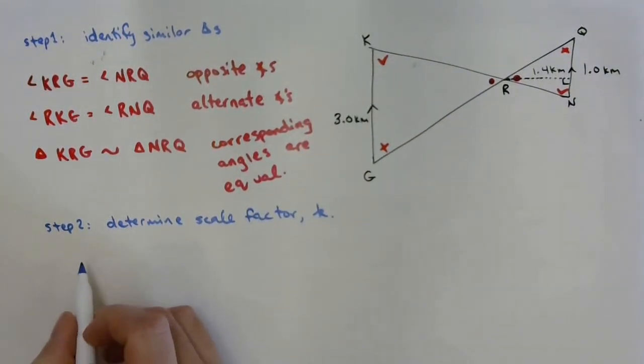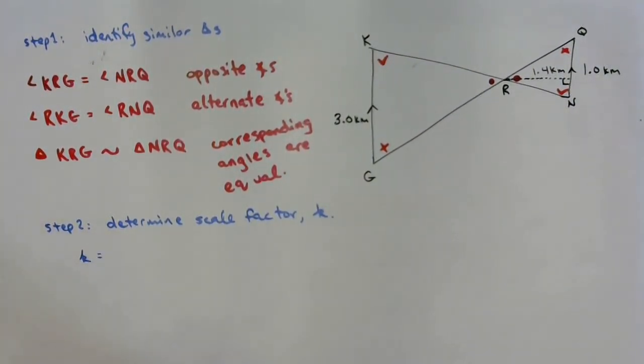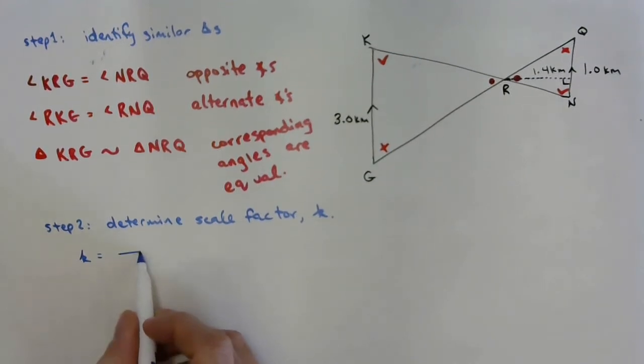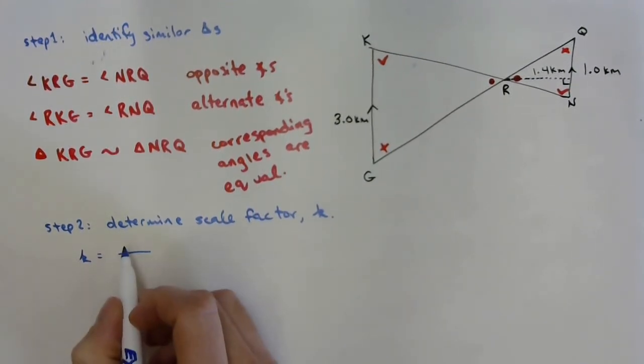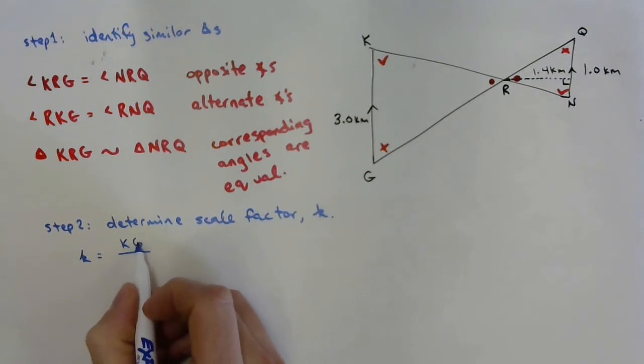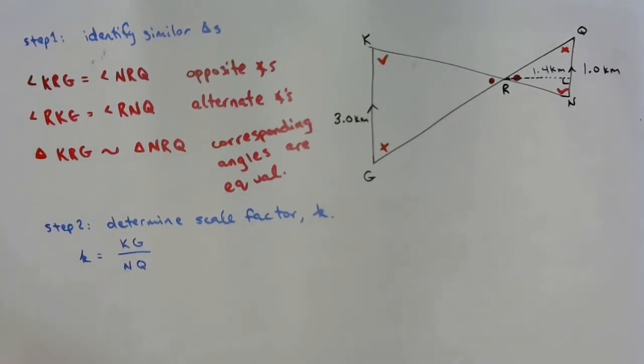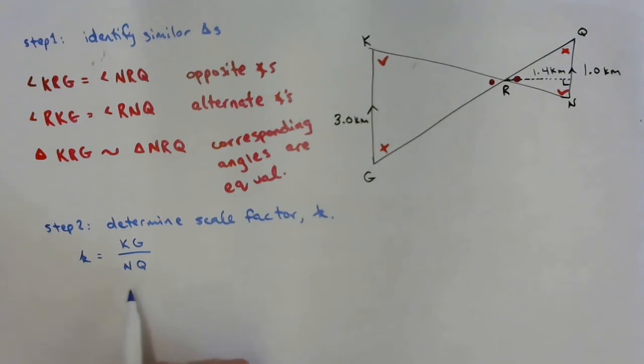So all I have to do is identify that K is the ratio of KG and NQ. Don't skip this step, okay? Tell me what you're doing. Tell me where your line segments are coming from. Show me that you know that these are corresponding line segments in similar triangles, and that's how you get the scale factor.